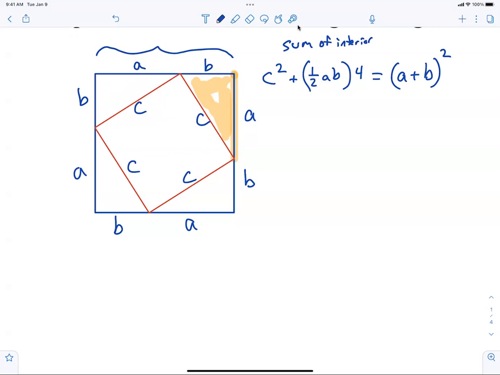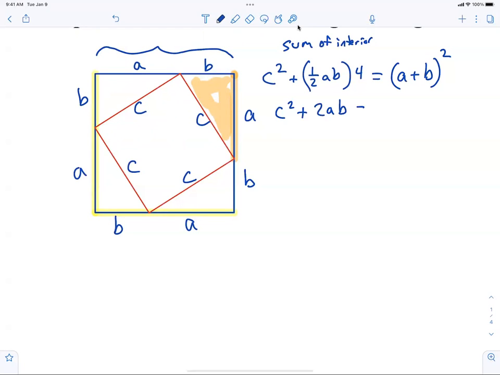Does everybody agree with that? How did you get A plus B squared? I'm talking about the big square, Harrison. How would I find the area of a square? Oh, okay, never mind. The area of a square is length times width or side squared. And the side of the square is A plus B. Does everybody agree with that? Everybody agree? Okay, so now C squared plus what's 4 times half AB?